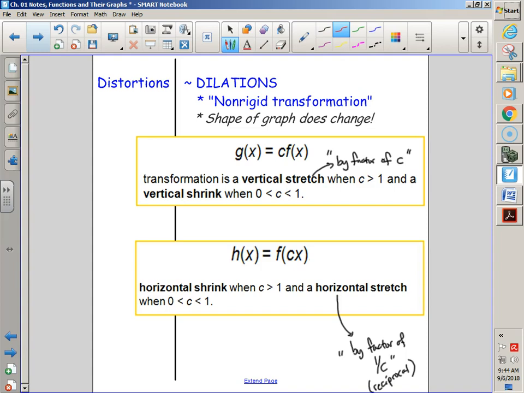So in general, all vertical dilations will always be by a factor of what you see. All horizontal, whether it's stretching or shrinking, will always be by a factor of the reciprocal of what you see. How do you do by a factor for vertical? Multiply the y's. And for horizontal, multiply the x's.